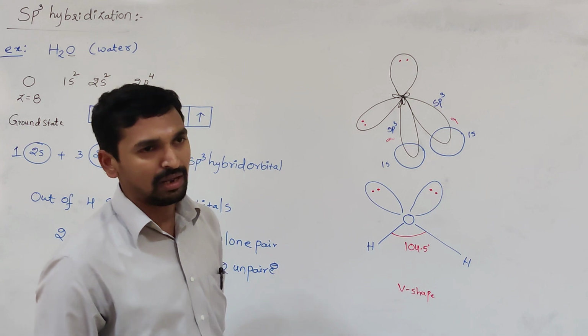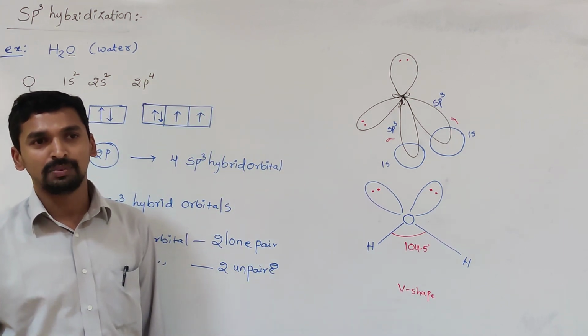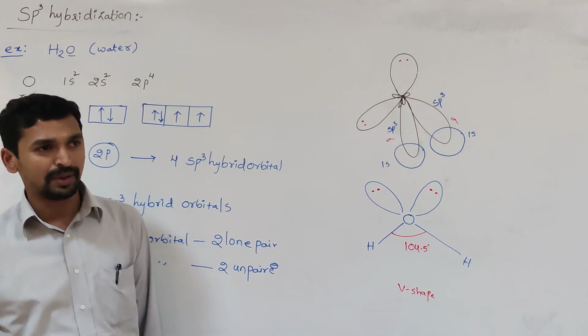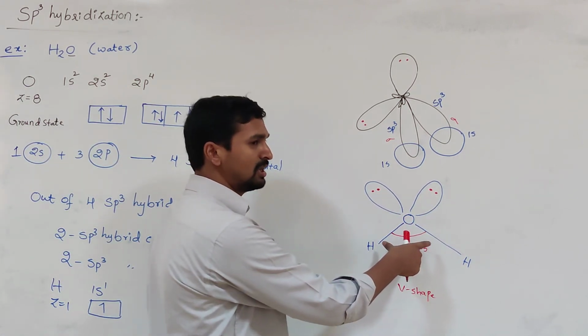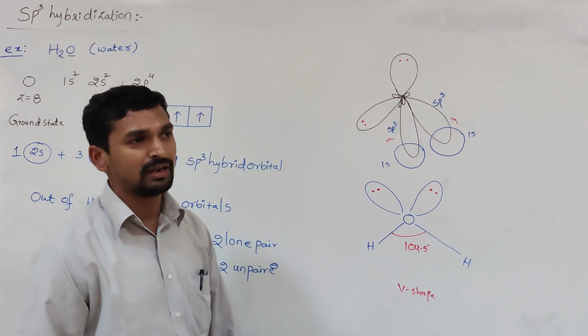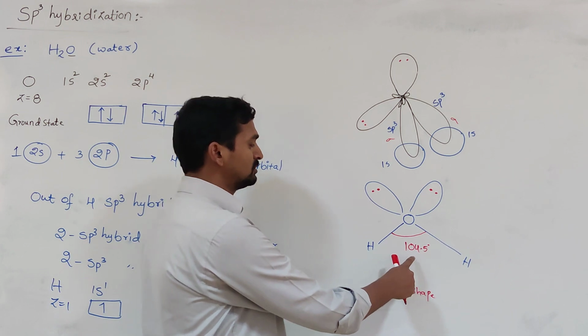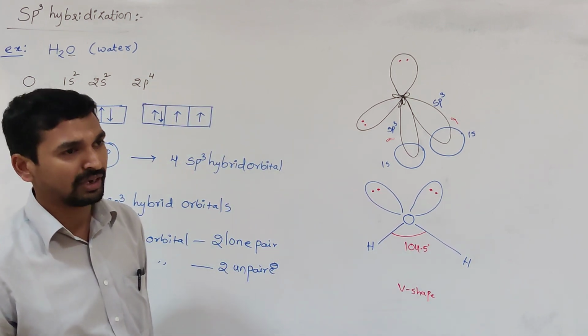We know very well that lone pair-lone pair repulsions are stronger than lone pair-bond pair repulsions. That's why these lone pair repulsions push the bond pairs very close together, and the bond angle is found to be 104.5 instead of 109.5 degrees.